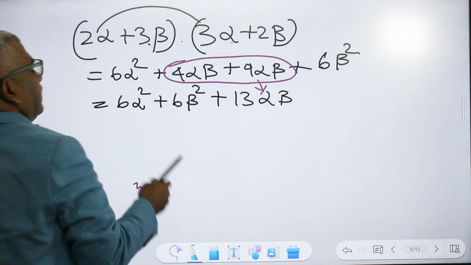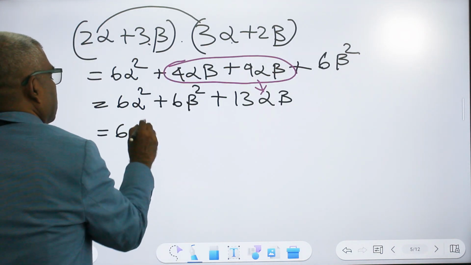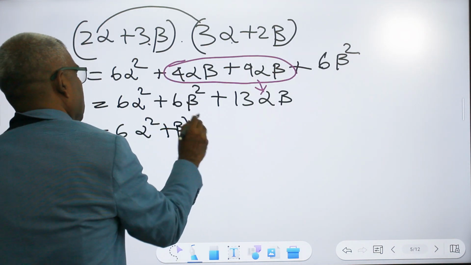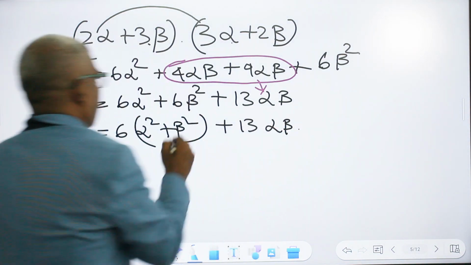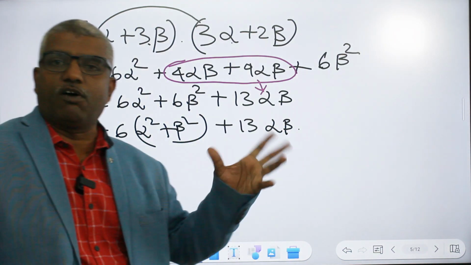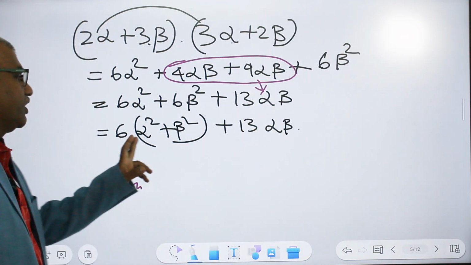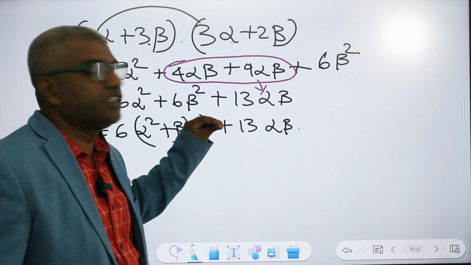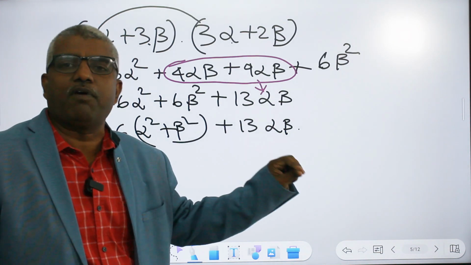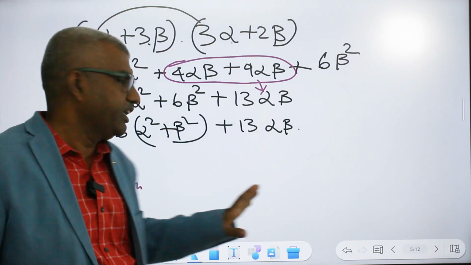6 alpha squared plus 6 beta squared, I take 6 common, plus 13 alpha beta. Alpha squared plus beta squared is alpha plus beta whole squared minus 2 alpha beta. We have to transform this only with alpha plus beta, because we know only that one.